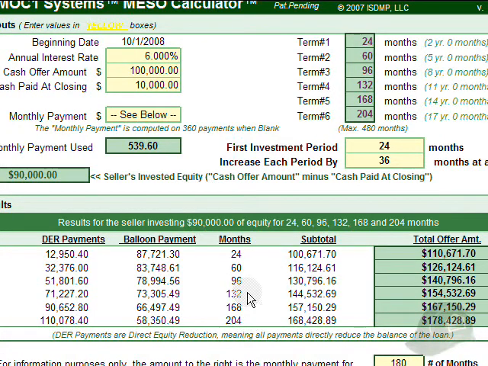For example, if the seller was willing to work with us for 2 years, then he'd actually be getting $110,600 for the property. If he's willing to work with us for 5 years, he could actually get $126,000 for the property. On up to 204 months, which is 17 years, they could be getting $178,000 for the property overall.